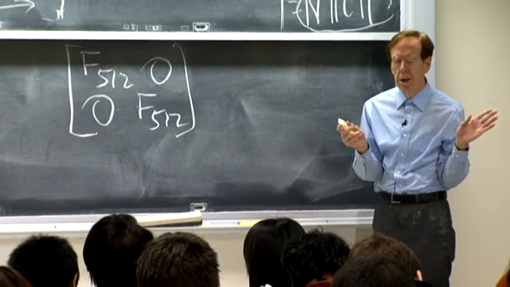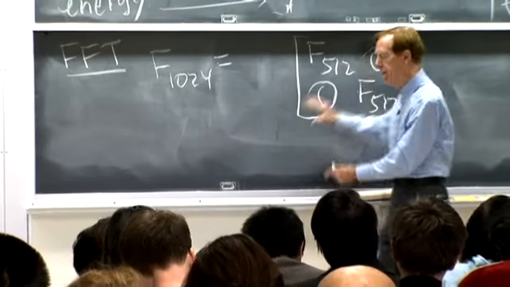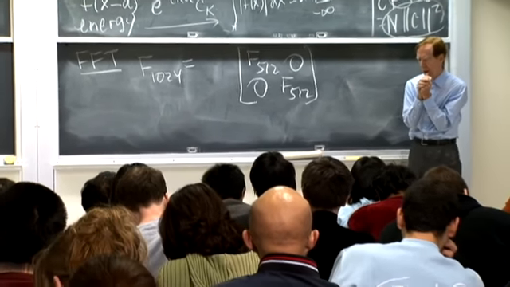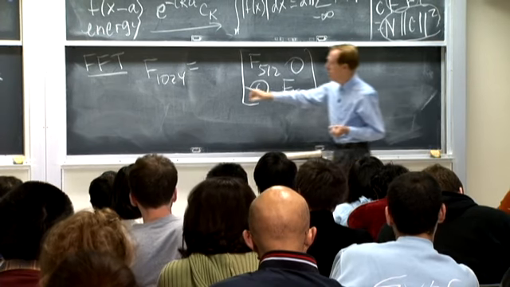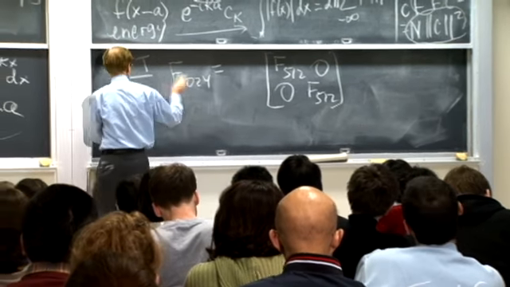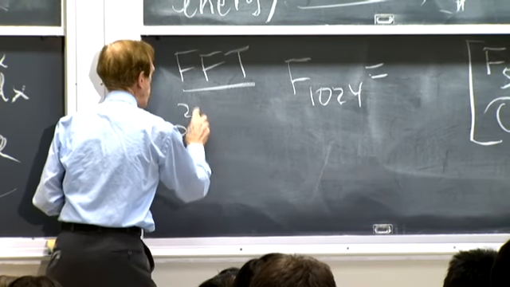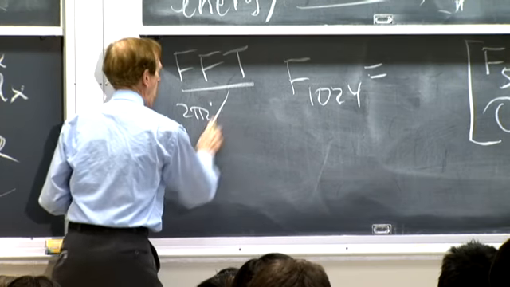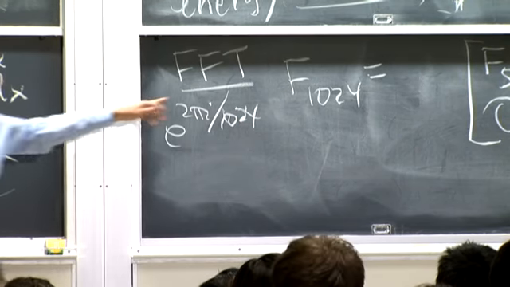That's the point, that the 1024 matrix is connected to the 512 matrix. And what's underlying that? The 1024 matrix is full of powers of w, where w is e to the 2 pi i over 1024. That's the w for this guy.